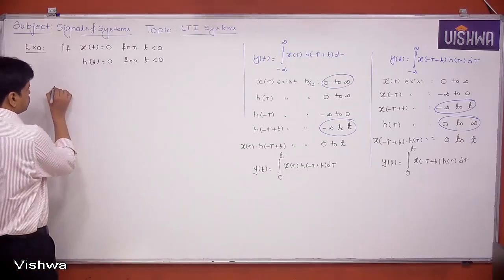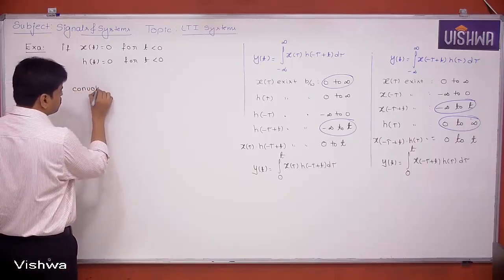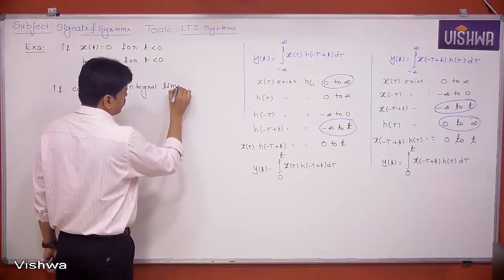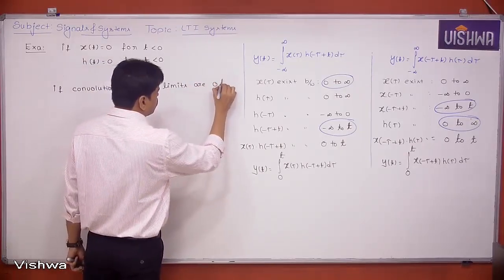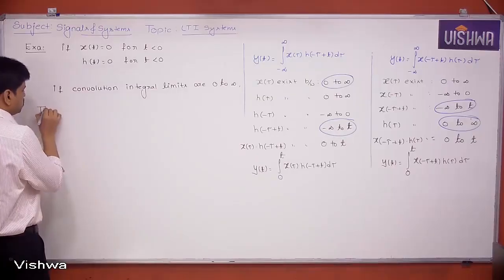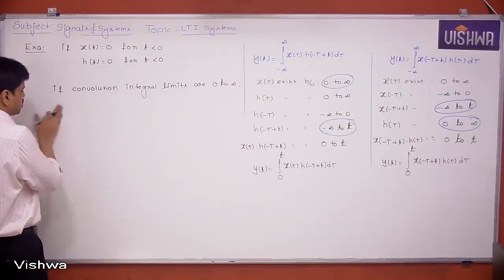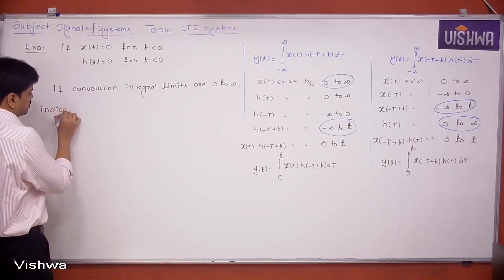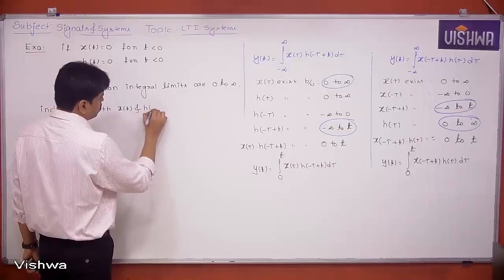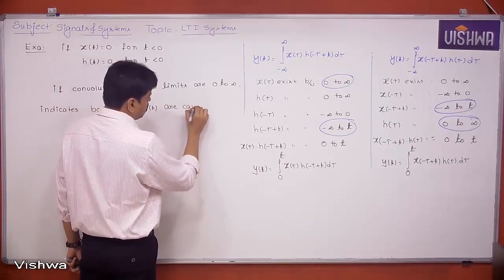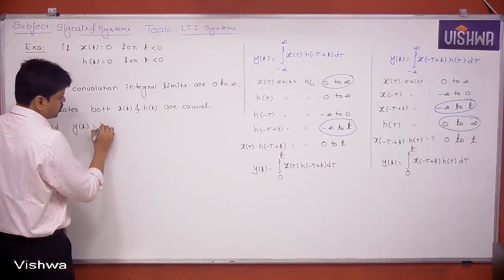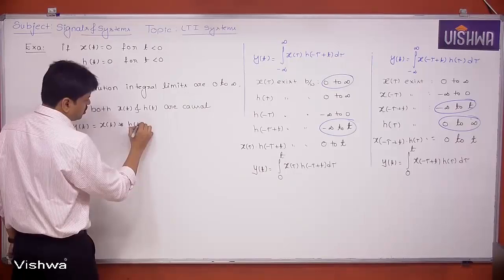If convolution integral limits are 0 to infinity, then, or we can say, if convolution integral limits are 0 to infinity, indicates both x of t and h of t are causal, and y of t is equal to x of t convolution with h of t is also causal.